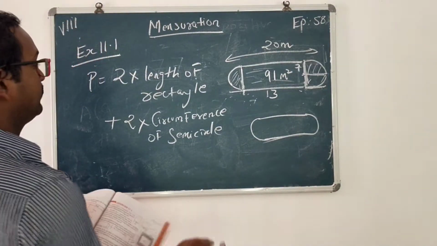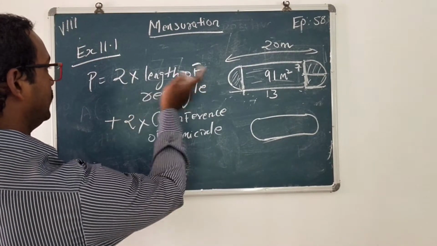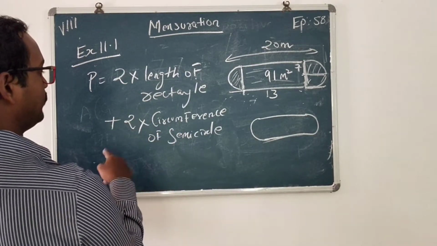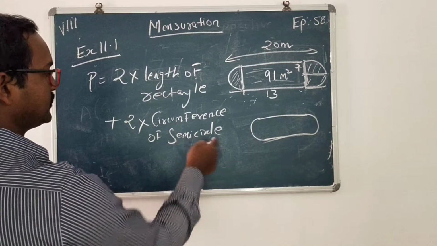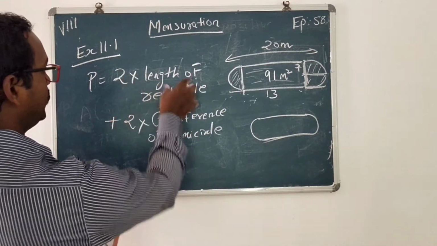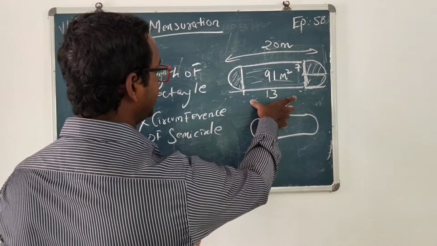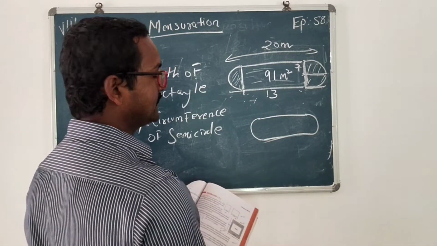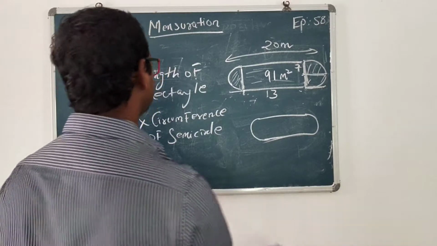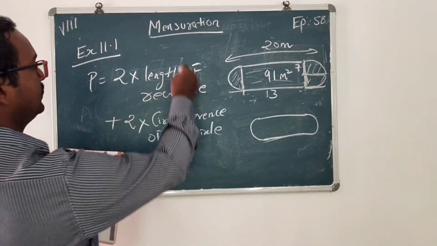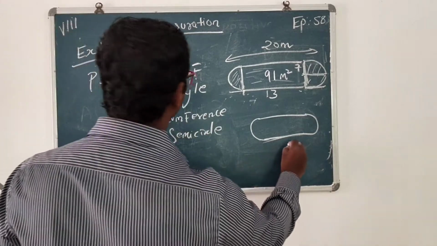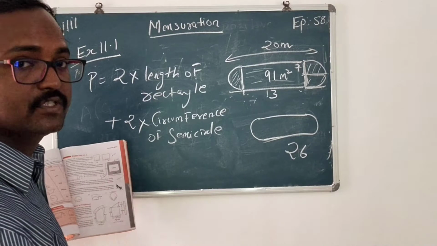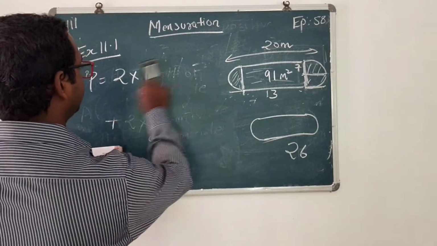To find the perimeter, we multiply the length of the rectangle with 2, and then whatever answer we get, we add it to 2 into the circumference of a semicircle. So let's find 2 into the length of the rectangle. Length of the rectangle is 13. 2 into 13 is 26. So the length of the rectangle into 2 is going to be 26.